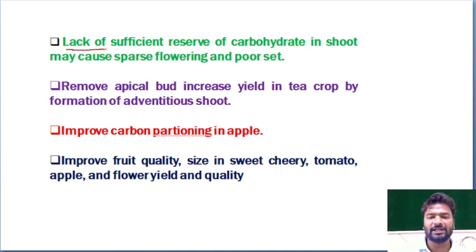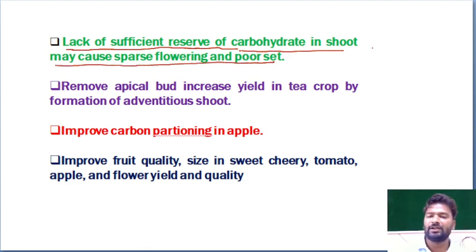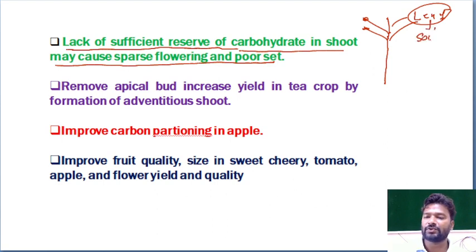Lack of sufficient reserve of carbohydrates in the shoot may cause sparse flowering and poor fruit set. So you know that this is the plant and this is the flower. The leaf acts as a source tissue, and your flower and fruit work as a sink tissue.